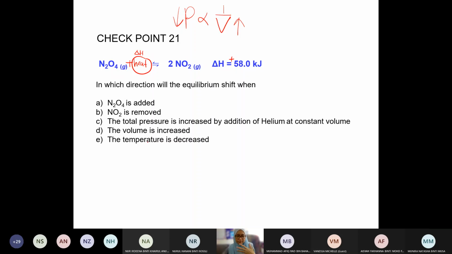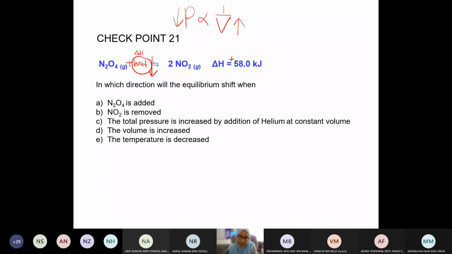Okay, when temperature is decreased, that means when heat is decreased lah. When less heat, okay, is provided into the system. So what will happen? Okay, maksudnya sistem disejukkan sebab less heat kan. So assume that temperature will decrease lah. The temperature will go down. Okay, so the system is at stress.